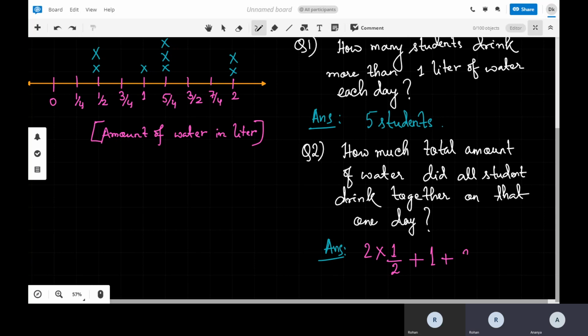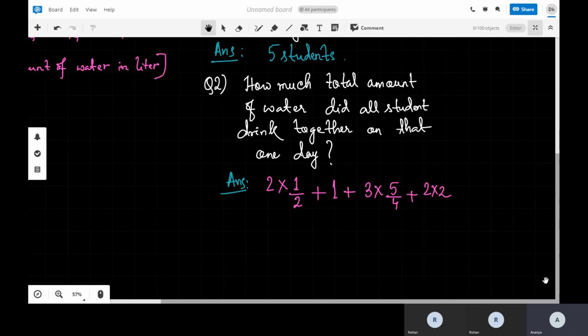So we have 3 times 5/4, correct? Next, we have 2 kids who drink 2 liters of water, right? So we have 2 times 2 total liters of water, right? Now let's add all of them together and find out how much we get.